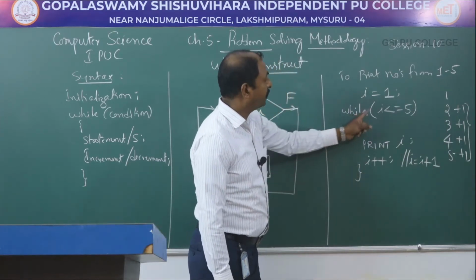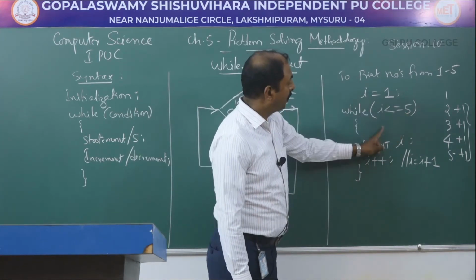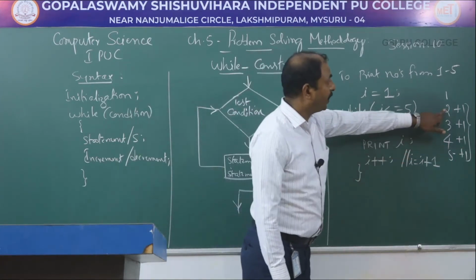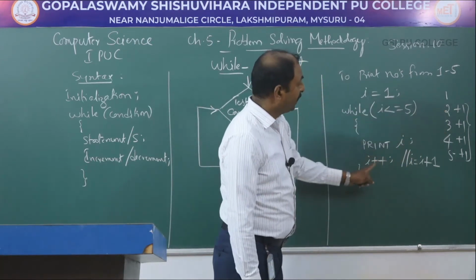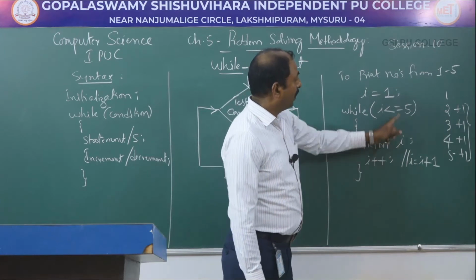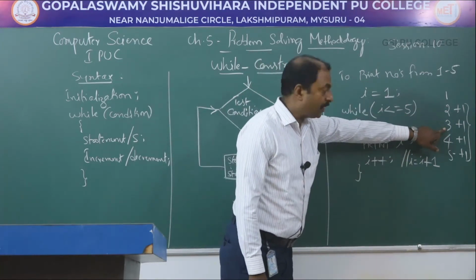Again it goes back to this condition, 2 less than 5, the condition is true. It prints the value of i as 2 here. Next is the increment: the value of i is 2, because of this, the value becomes 3 here.